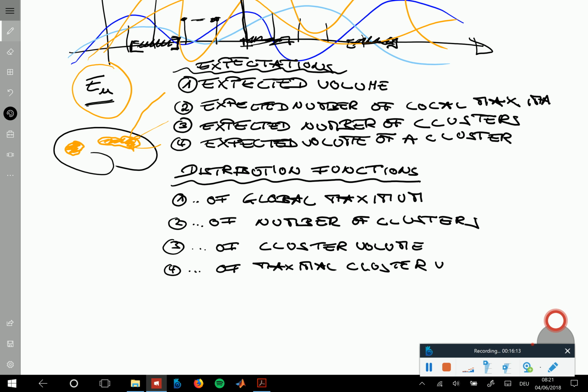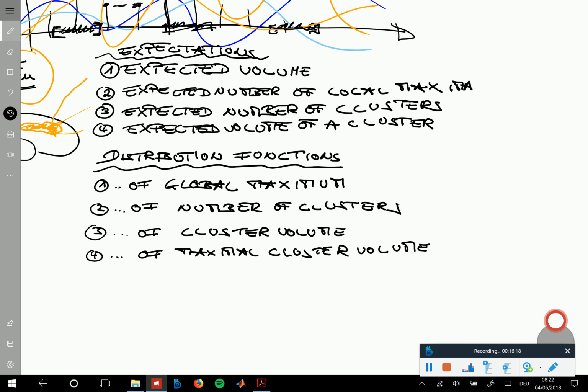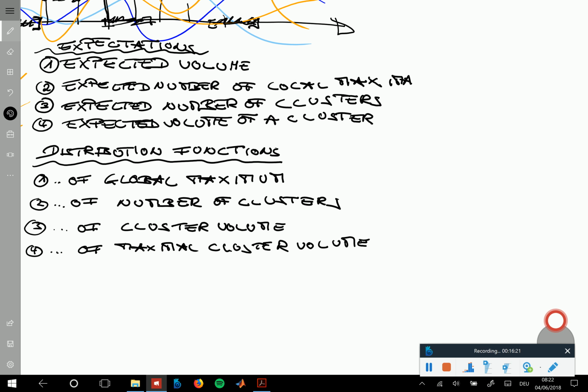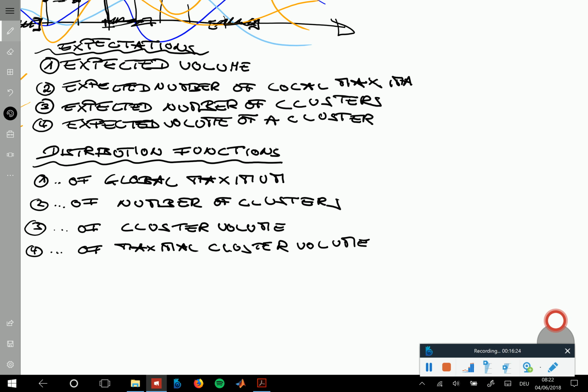So, maybe I should have done that before, but in case you're currently not clear what the distribution function is: it is the function, we've seen that before, that allocates to a random variable the probability that the random variable takes on values smaller or equal to a specific value. So you can also think of this as allocating to each small x the probability measure of the interval from -infinity to small x.